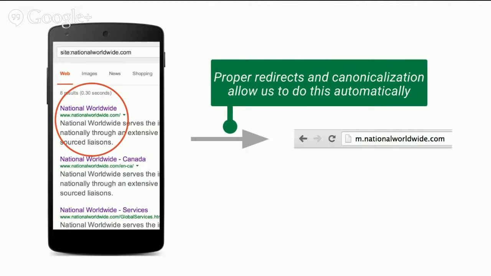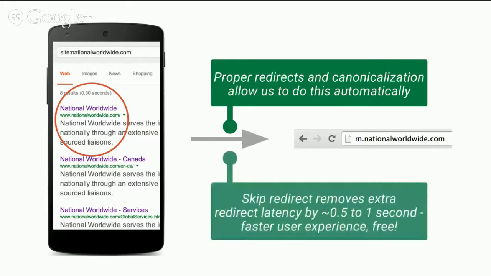The other piece, what you get if you do the redirects properly. If you set up your redirects and your canonicalization on your website properly, Google can do an additional couple of things automatically that will save users time and will save you server resources. In particular, something called a skip redirect.